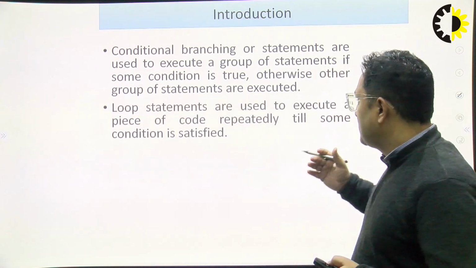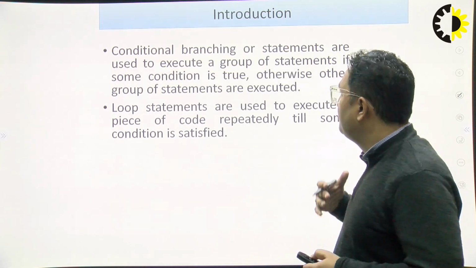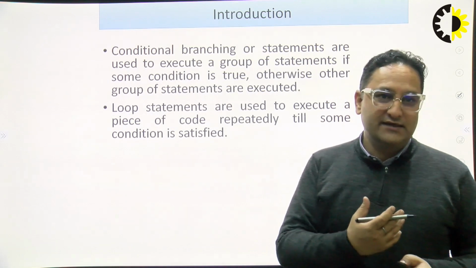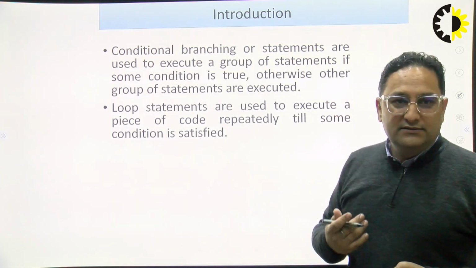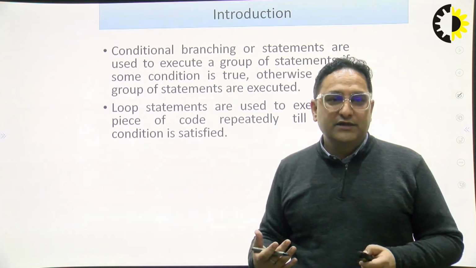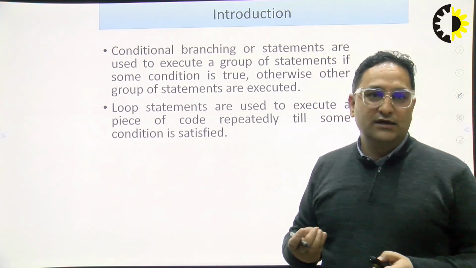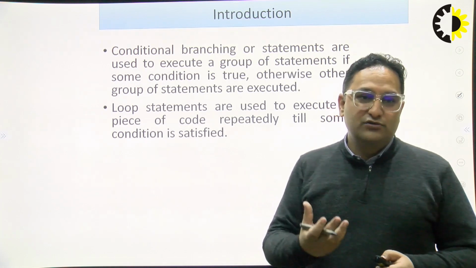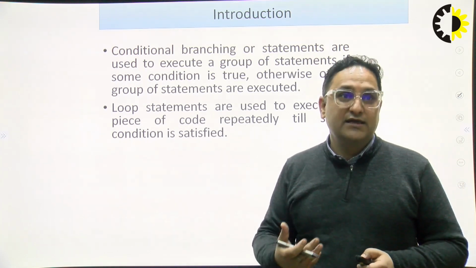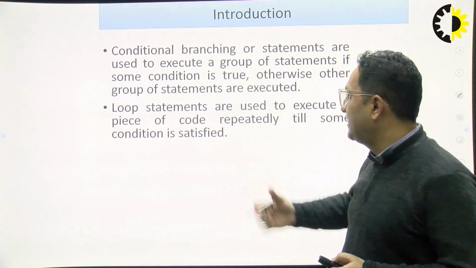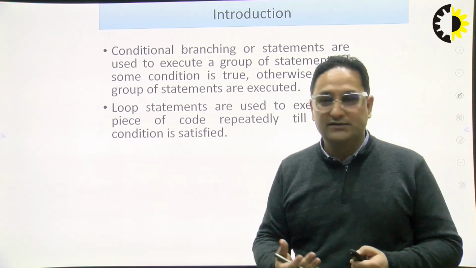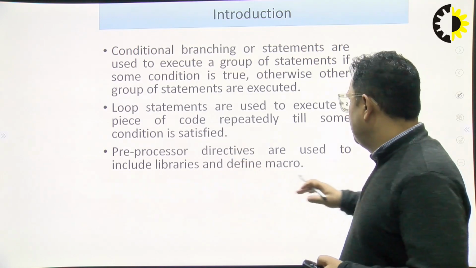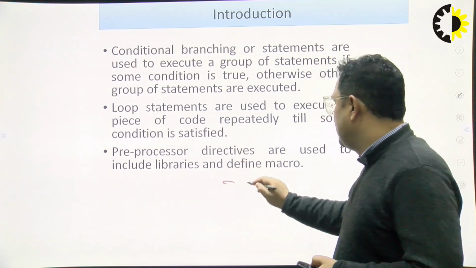Loop statements are used to execute a piece of code repeatedly. We learned that in the last lecture. And when we are doing something repeatedly and we want some piece of code within that loop to be executed based on some conditions, there also we can apply conditional branching in the program.